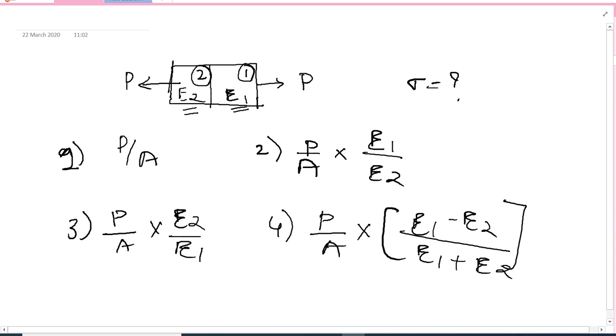Also it is given that E1 is greater than E2.